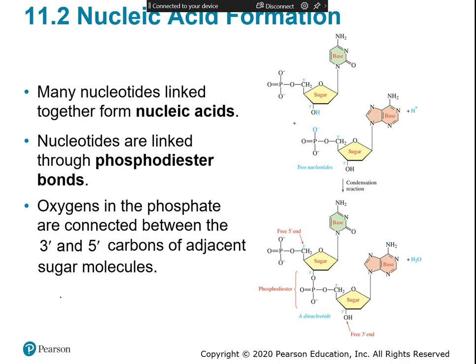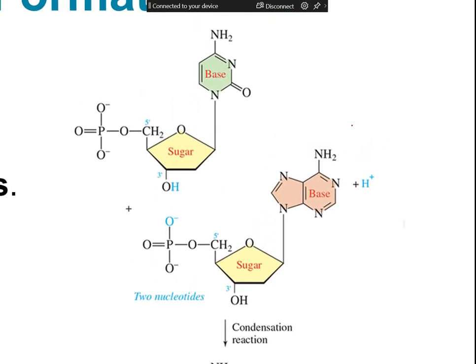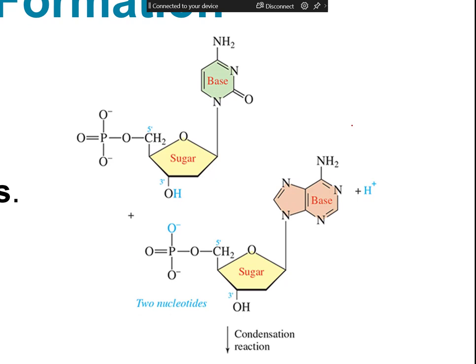So this shows there's two nucleotides. There's a phosphate, sugar, and a base, phosphate, sugar, and a base. What ends up happening is condensation.